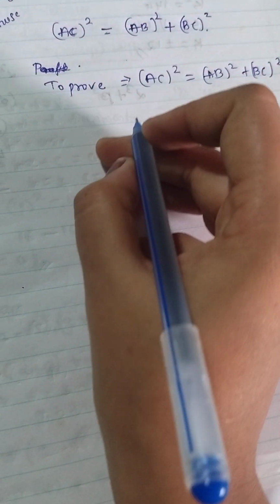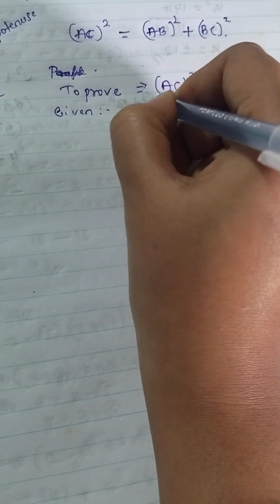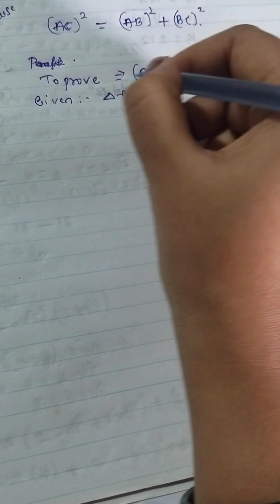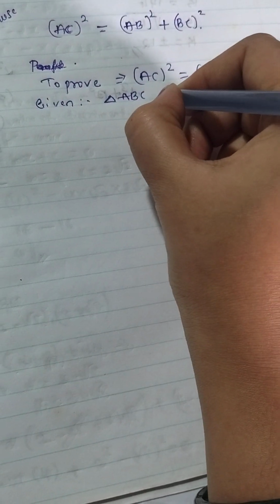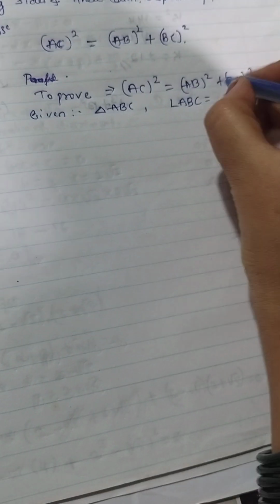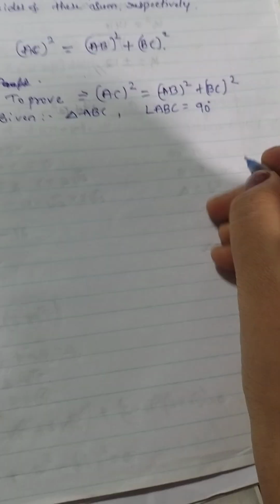Correct. So we know what is given here. Given: triangle ABC. In triangle ABC, angle ABC is equal to 90 degrees. So this is a right angle triangle. Okay.